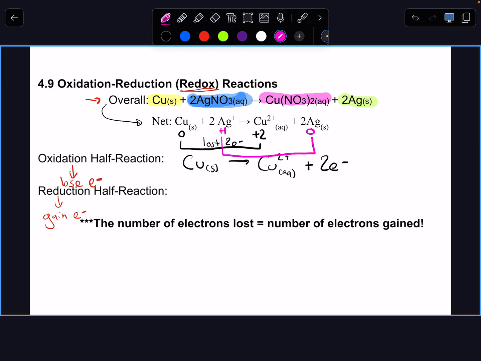It got reduced by gaining electrons. So then my half reaction for the reduction would be 2 Ag plus plus 2 electrons turns into 2 solid silver ions, or silver compounds, I should say.